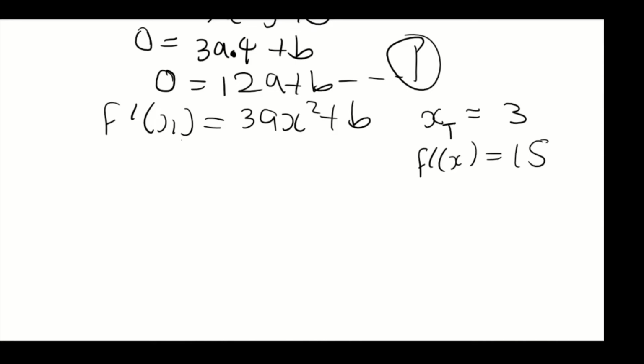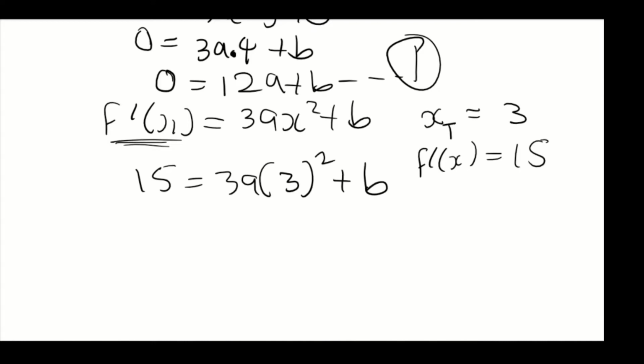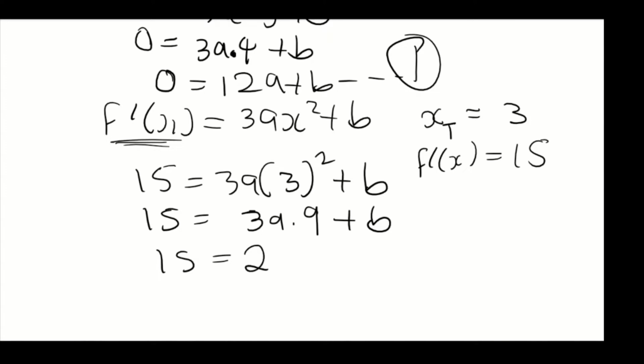Instead of writing f prime of x, you write 15, which is the gradient. 3a, where there's x, we put the value of the tangent, plus b. So 15 is equal to 3 squared, which is 9. So it's going to be 3a multiplied by 9 plus b. So 15 is equal to 3 times 9, which is 27, so 27a plus b. So this would be your equation 2.